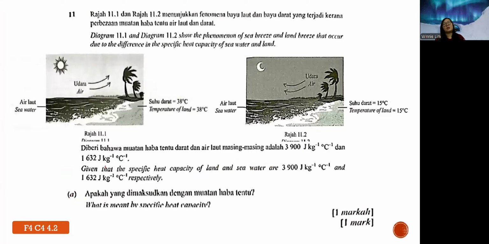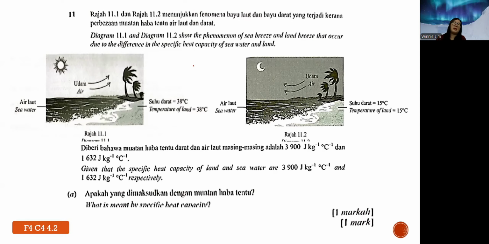Okay, last question, Section C essay questions, open-ended questions. It is under the Form 4 topic, specific heat capacity. Diagrams 11.1 and 11.2 show the phenomenon of sea breeze and land breeze that occur due to the difference in the specific heat capacity of seawater and land. Firstly, what is the meaning of specific heat capacity?